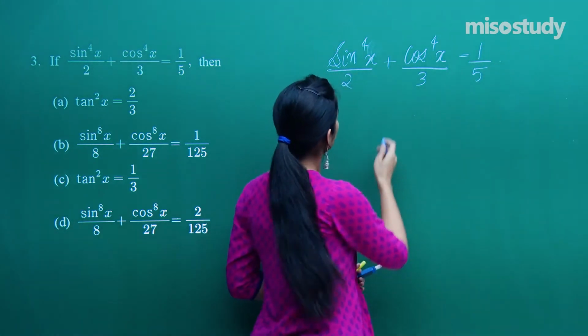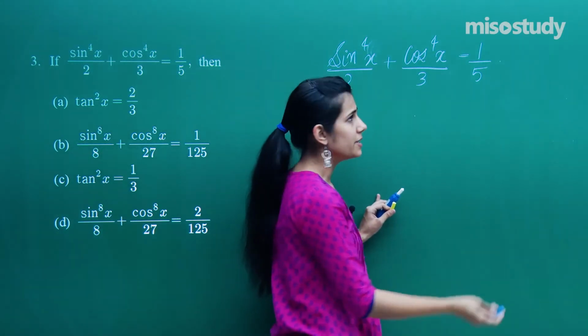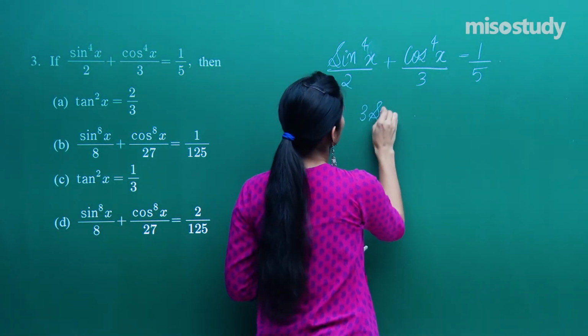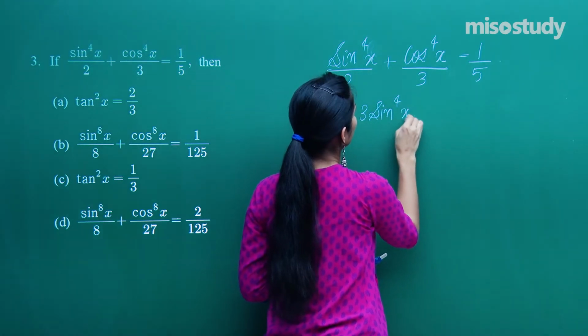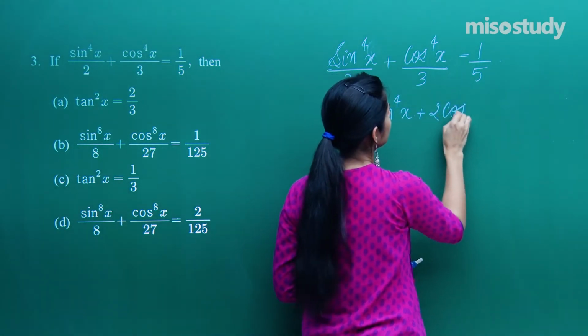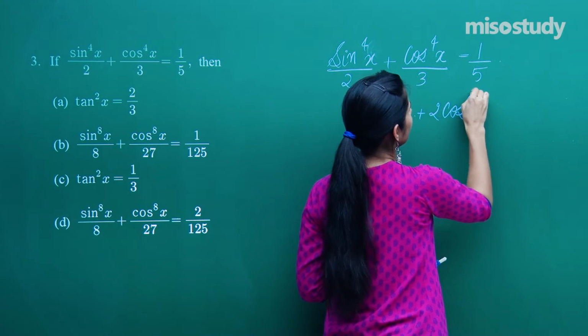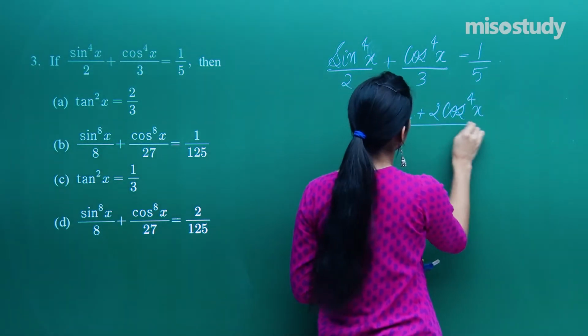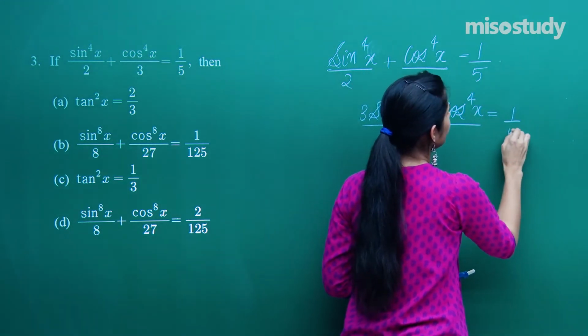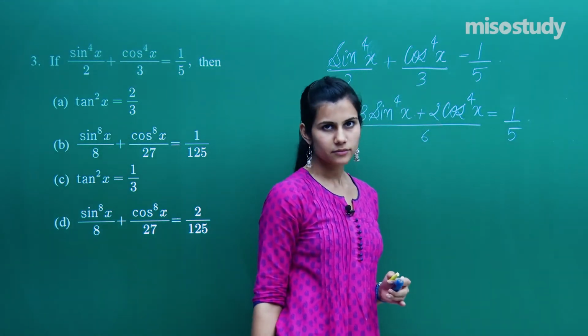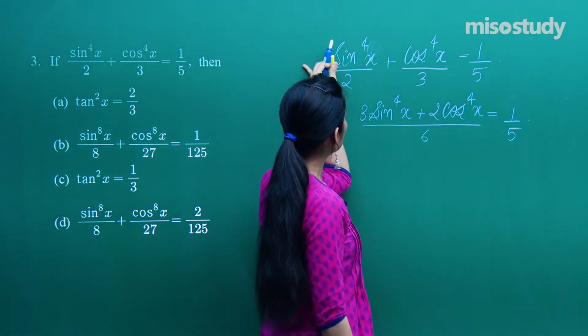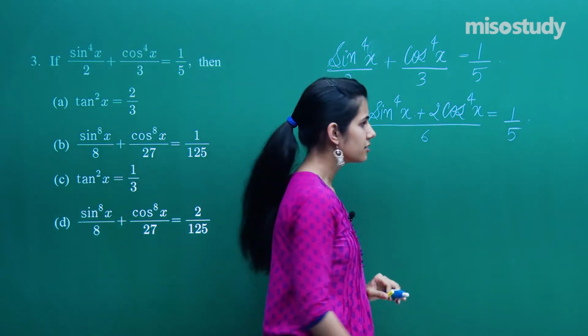Fine? Now, just take the LCM and cross multiply. What you get? 3 sine to the power 4x plus 2 cos to the power 4x whole upon 6 is 1 by 5. Fine? 3 sine 4x plus 2 cos 4x.